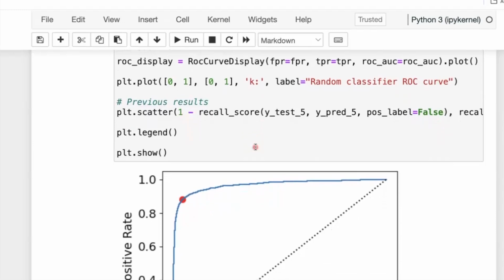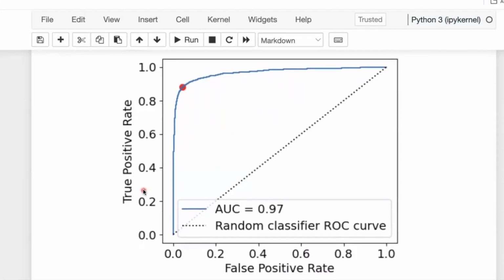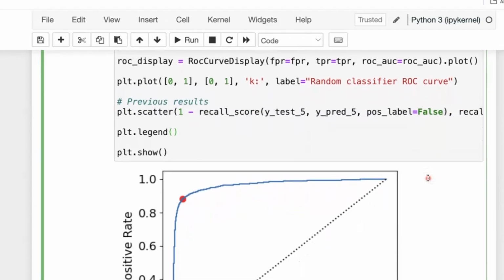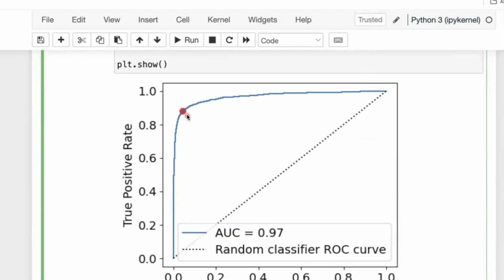So you have to make sure that you find the true positive rate and false positive rate. That's how we find the false positive rate in this case. But similar to the precision recall curve, we can change the threshold and get to different points of this curve.